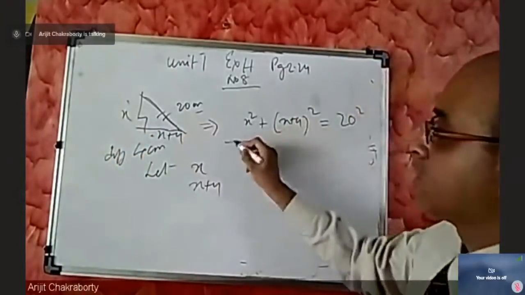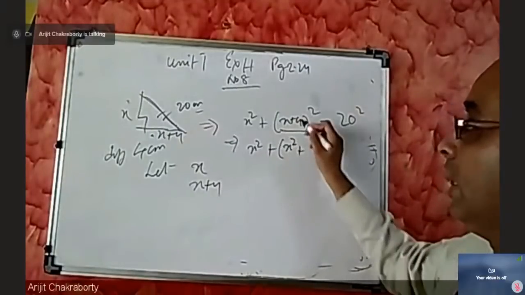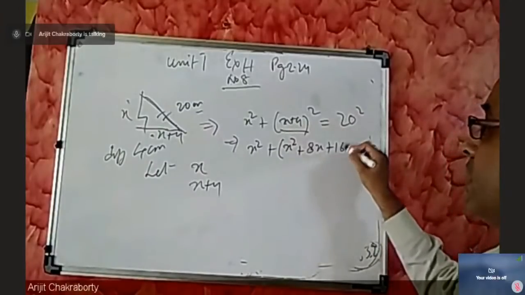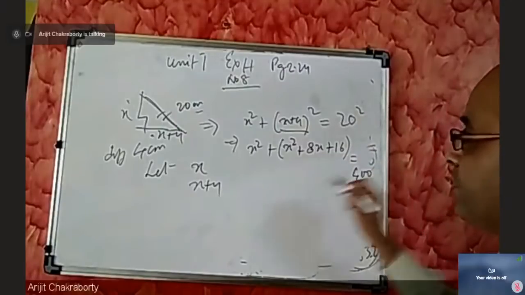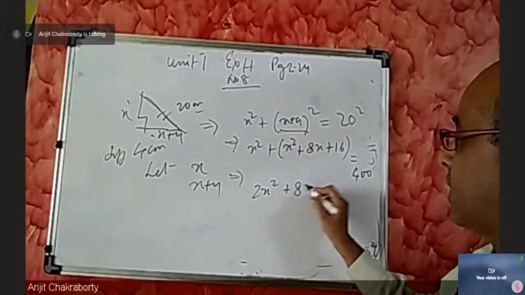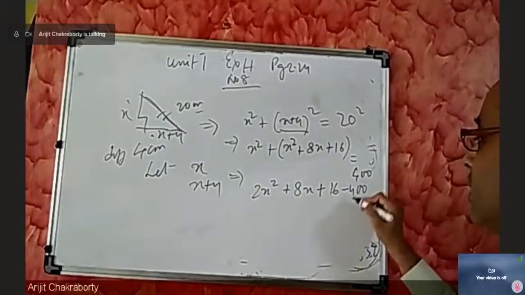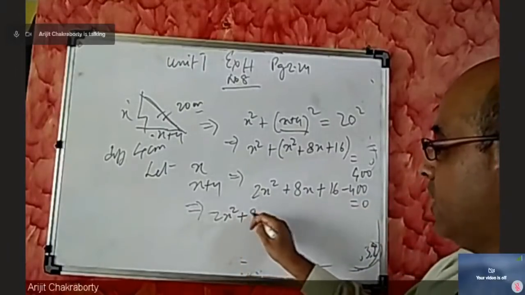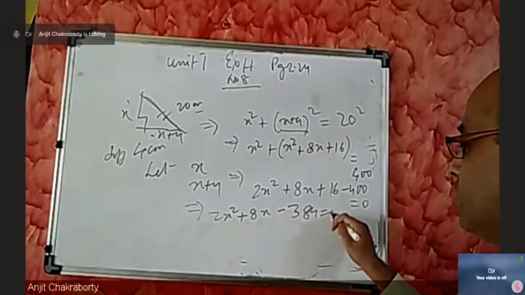So x square plus x plus 4 whole square, which is x square plus 8x plus 16, is equal to 20 into 20. 20 square is 400. So you get 2x square plus 8x plus 16 minus 400 is 0. So you get 2x square plus 8x minus 384 is 0.